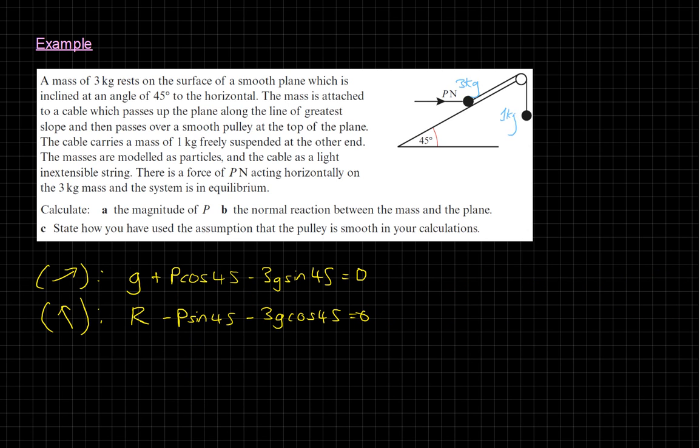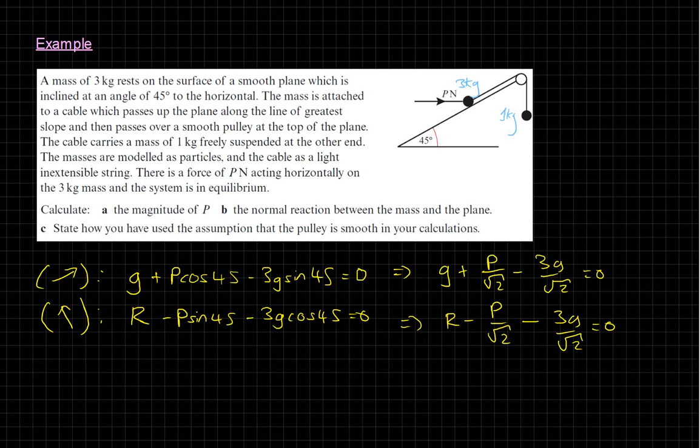So let's write that out. g plus P over root 2 minus 3g over root 2 equals 0. R minus P over root 2 minus 3g over root 2 equals 0.